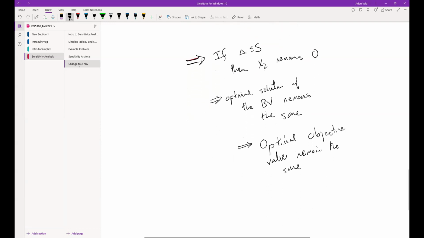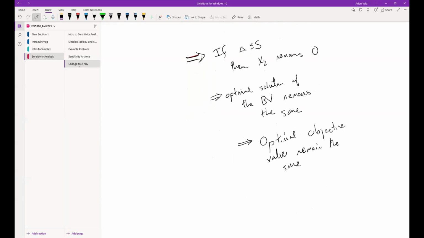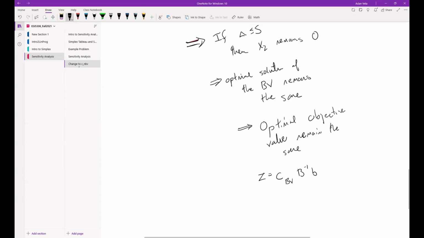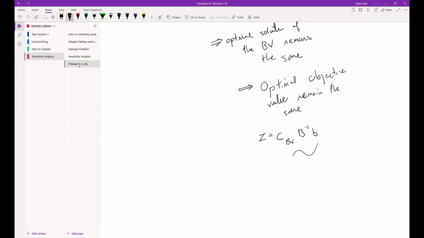And again, we see that because Z, the objective value, is given by CBV times B inverse B, and you'll notice it's not a function of CNBV.